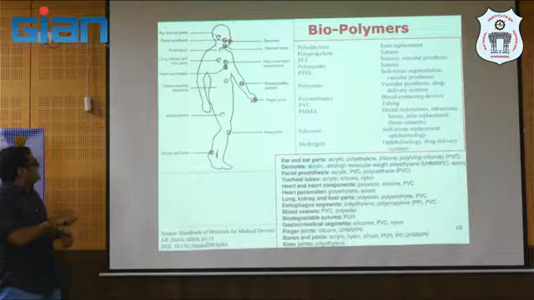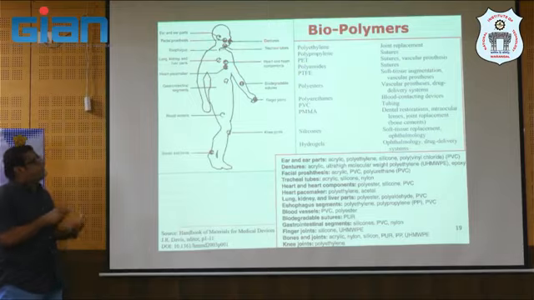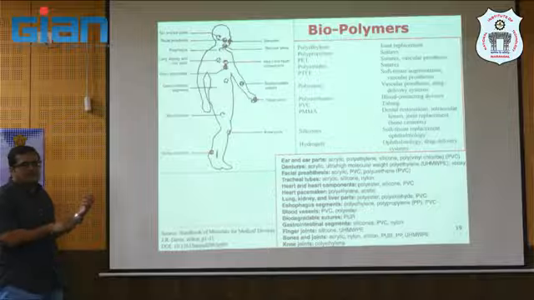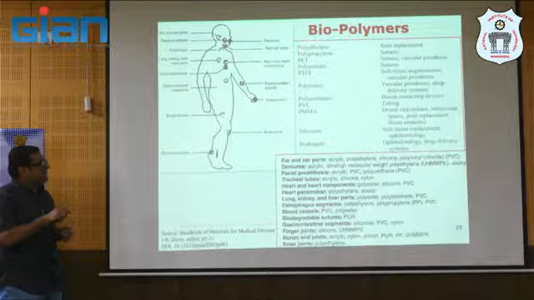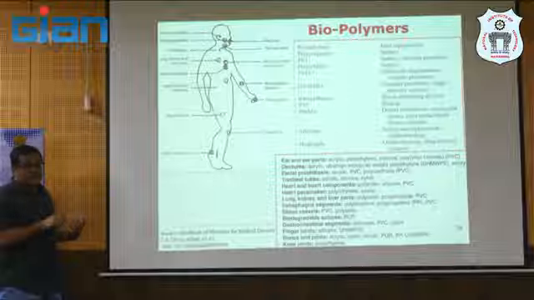On seeing this image, one can understand that biopolymers can be used almost from head to toe, in the different parts where you can replace the respective organs or tissues, right?